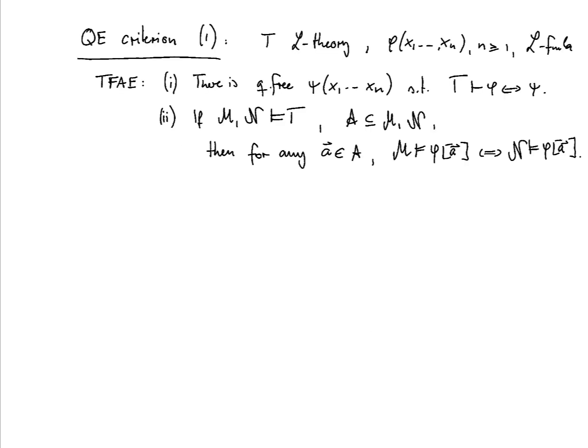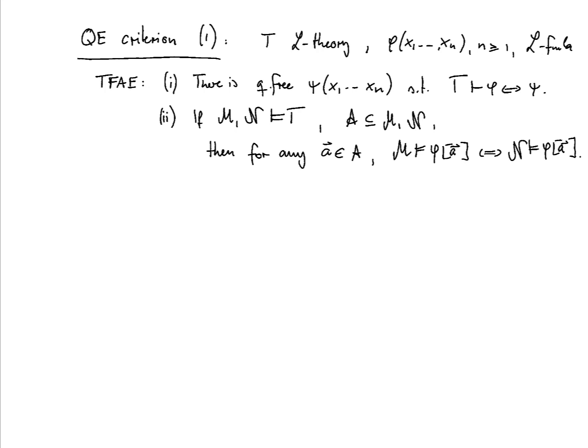We now come to the first criterion for quantifier elimination. Suppose T is an L theory, phi is an L formula, then the following are equivalent. The first statement is just the quantifier elimination statement, namely there is a quantifier-free psi, such that T proves that phi and psi are equivalent.